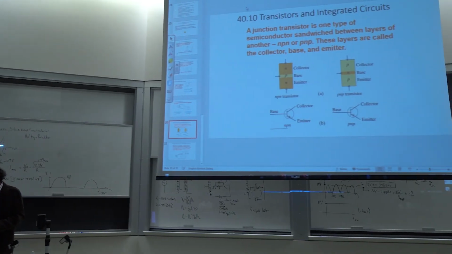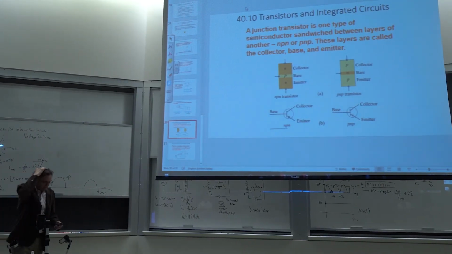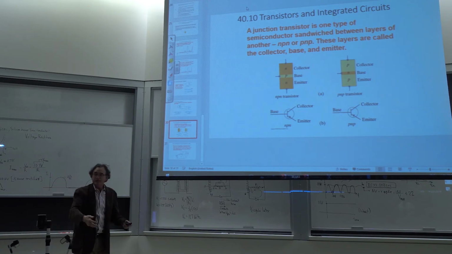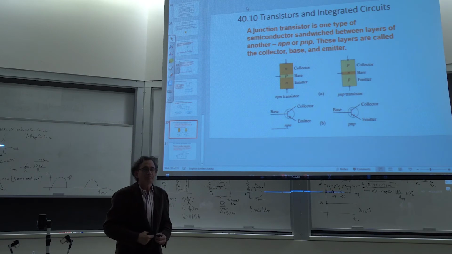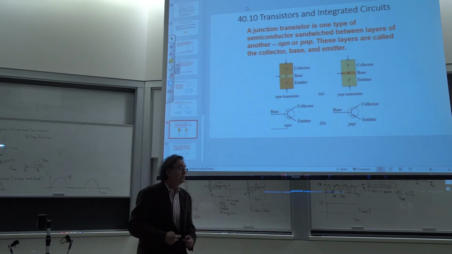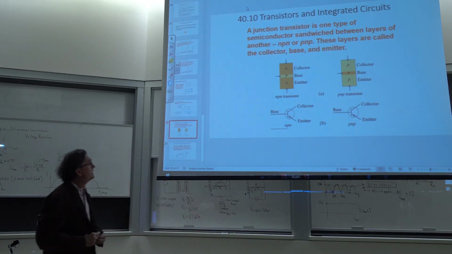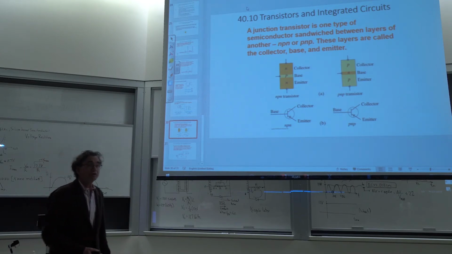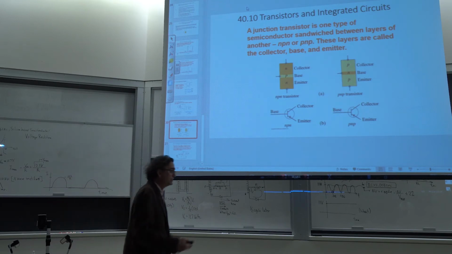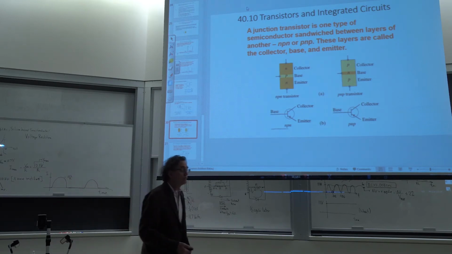There is another type of unit, which also got the Nobel Prize, the transistor, which began to be used massively in the 1950s and 1960s and replaced the old vacuum tube designs, which were very large and bulky and expensive and filled with glass tubes that performed the same function.